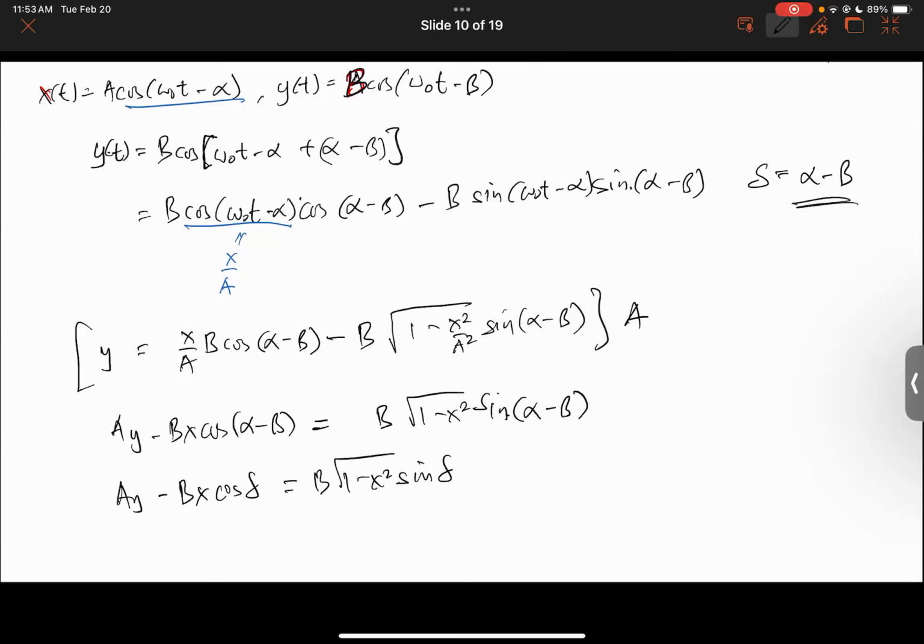We want to remove that square root. Oops, this should be a squared. So we square everything, and when we do that, we get a squared y squared minus 2abxy cosine delta plus b squared x squared cosine squared delta is equal to a squared b squared sine squared delta minus b squared x squared sine squared delta.